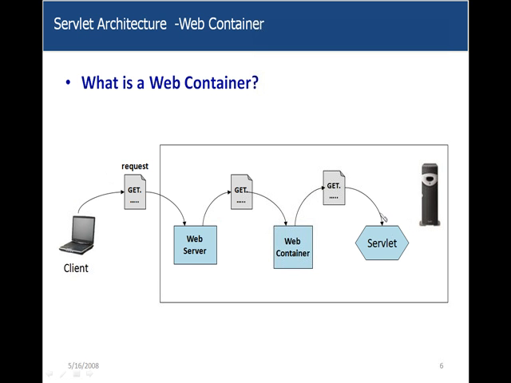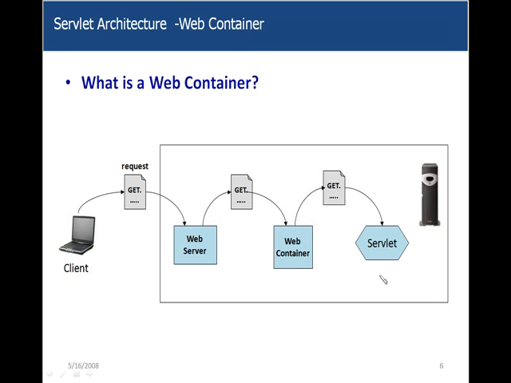So how does a web server communicate to the servlet? The answer to that is the web container, or it is also called servlet engine. So the servlet engine is the one which actually helps the web server communicate with the servlet.